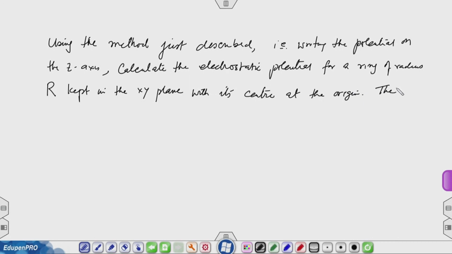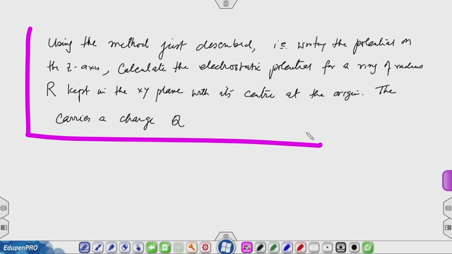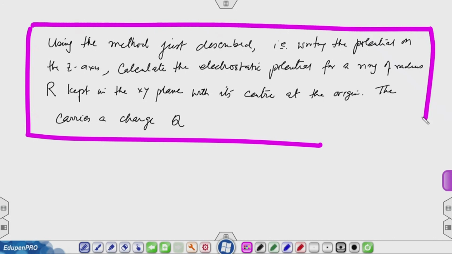The ring carries a charge Q. So again, what you will do in this is take this ring, write the solution on the z-axis, and then taking hint from there, determine ALs and BLs, and then write your general solution for any r and theta.